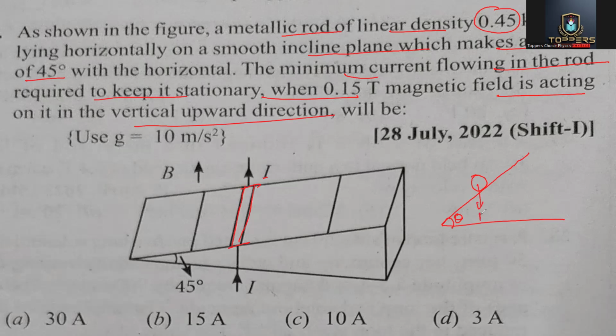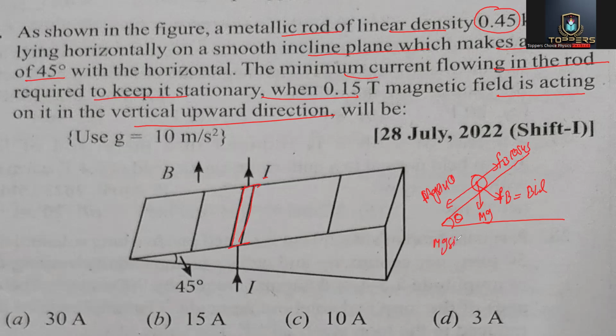Likewise, this is its mg, and this will be acting as the magnetic force FB, which is equal to BIL. It will be FB cos 45, and this is mg sine theta. So you can balance out here.